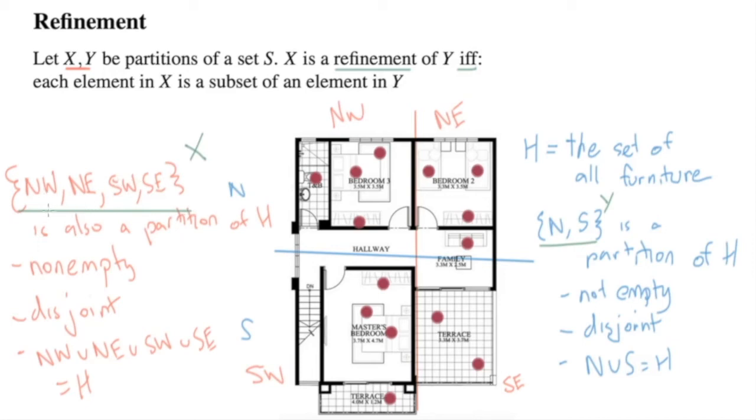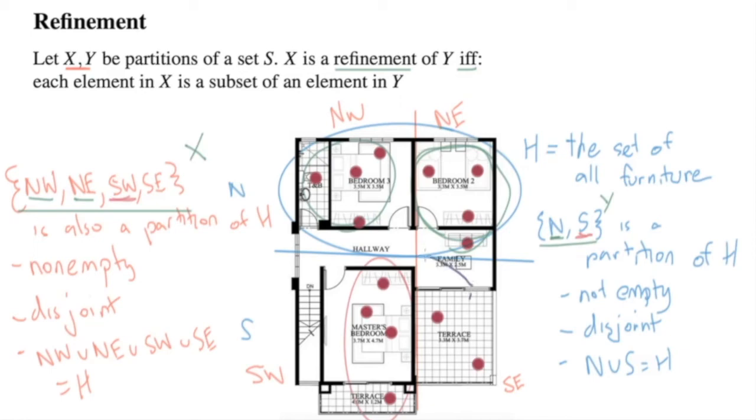So the first element of X is northwest. So northwest is this set here. And northwest is a subset of north, right? Because north is this entire set of furniture items here. Likewise, northeast, which is this set here, is also a subset of north. Then southwest, which is this set of furniture items here, is a subset of the set south.